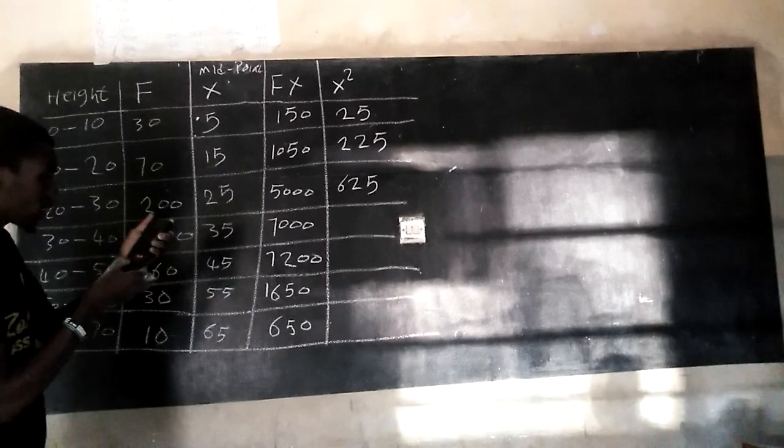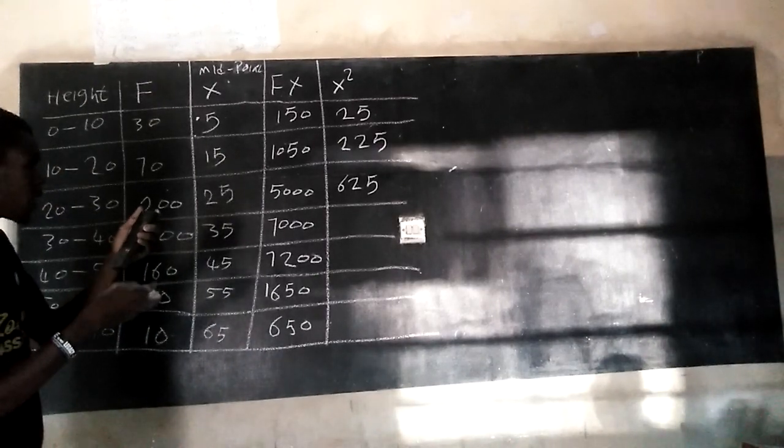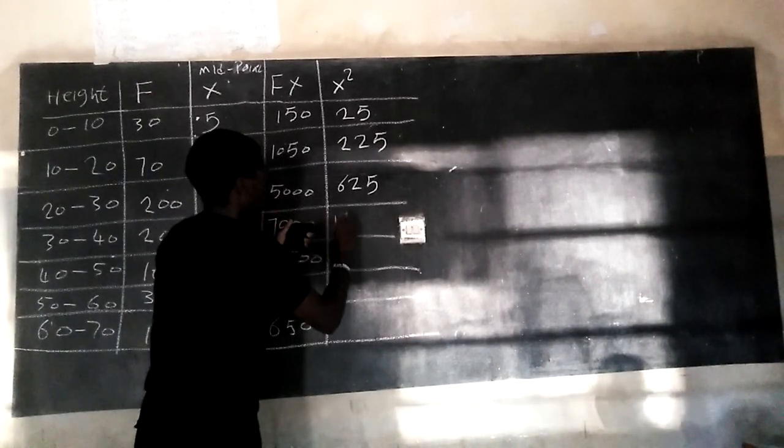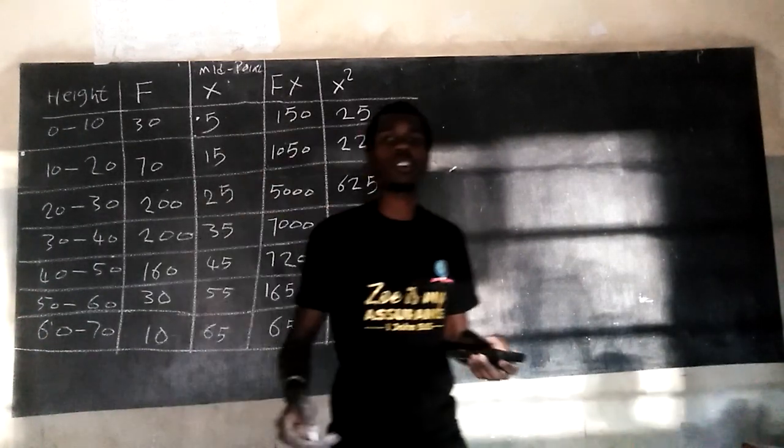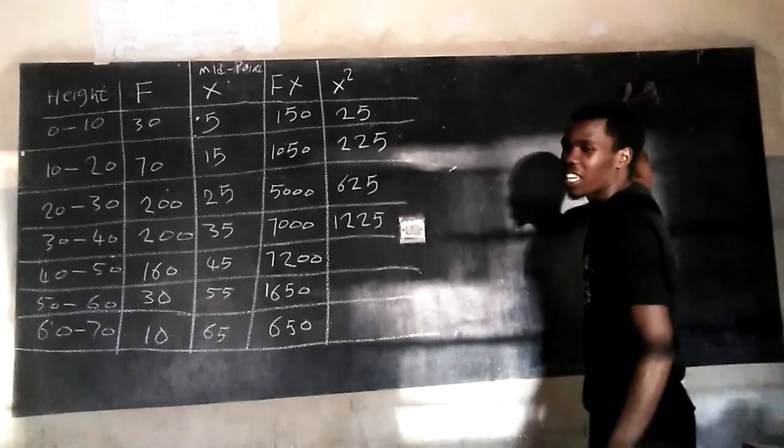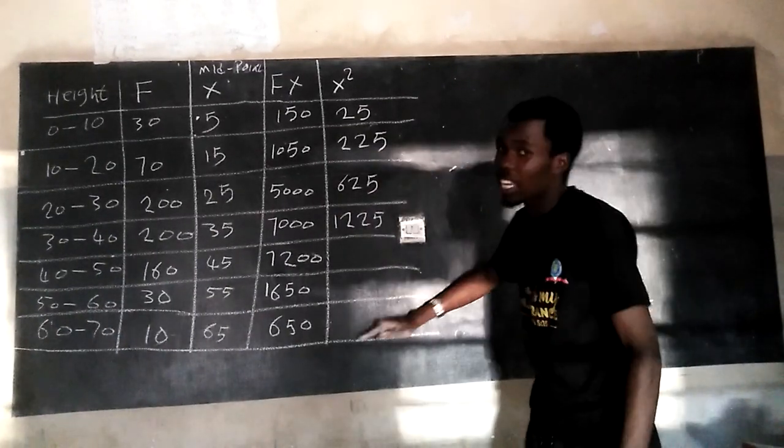What about 35? 35 squared gives me 1225. A simple one. This is how you'll be flowing with these.